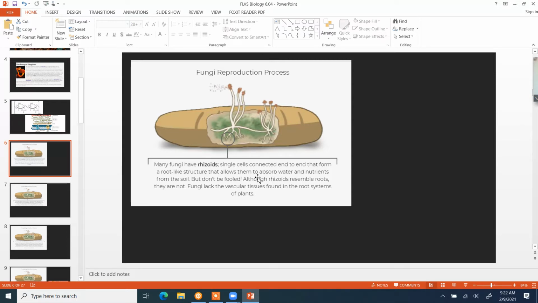What are those vascular structures? Those are tiny tubes that carry water and nutrients up and down the plant. This is a lot more simple, just very, very simple kind of roots. So this fungus is growing and obtaining nutrition from the rhizoids.